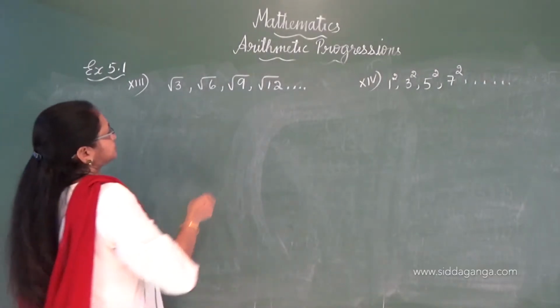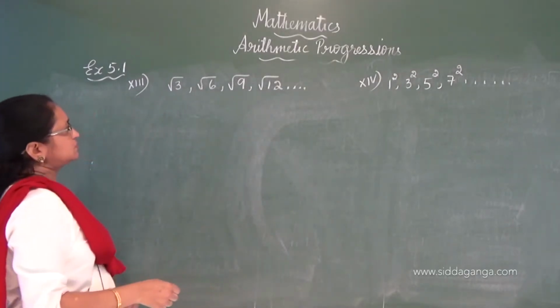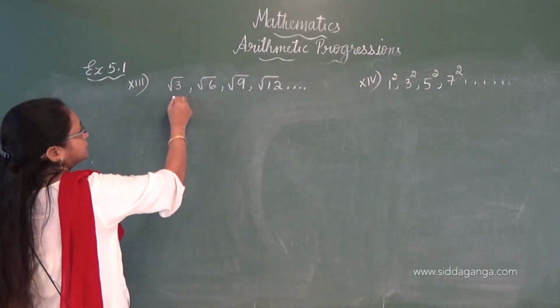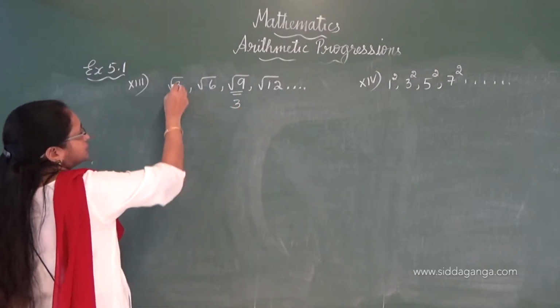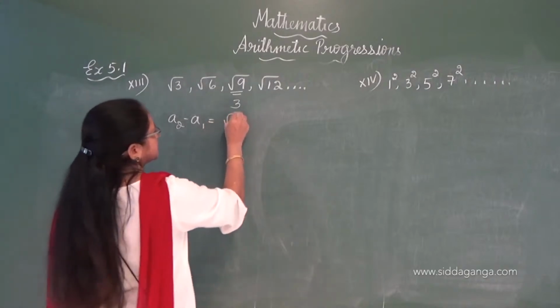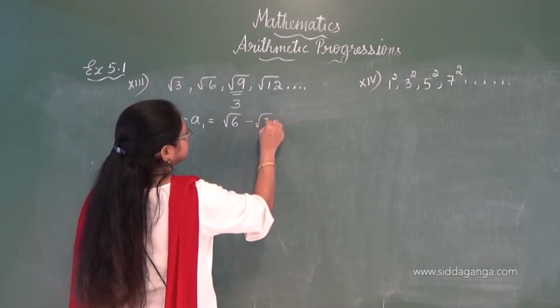Now here, root 3, root 6, root 9, root 12. Now it is already in the simplest form. Here root 3, but root 9 means you know it is 3. Now find out a2 minus a1. a2 minus a1 is root 6 minus root 3.